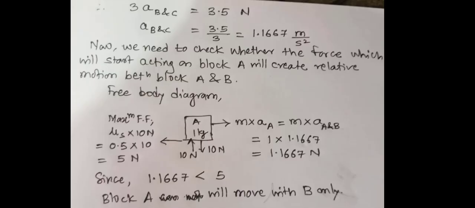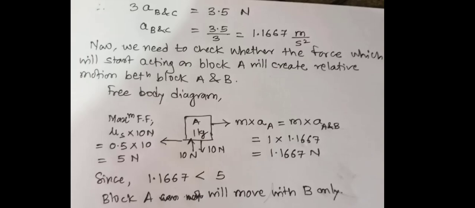And we can calculate the limiting force, or the maximum frictional force, between block A and block B. 10 Newton is the normal force, and static coefficient of friction is 0.5. 0.5 into 10 is 5 Newton.